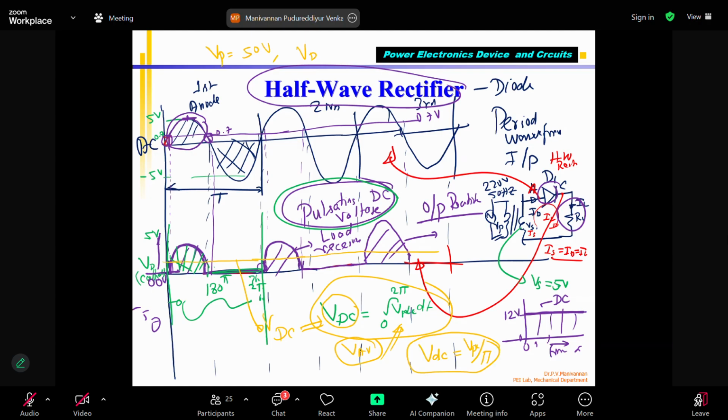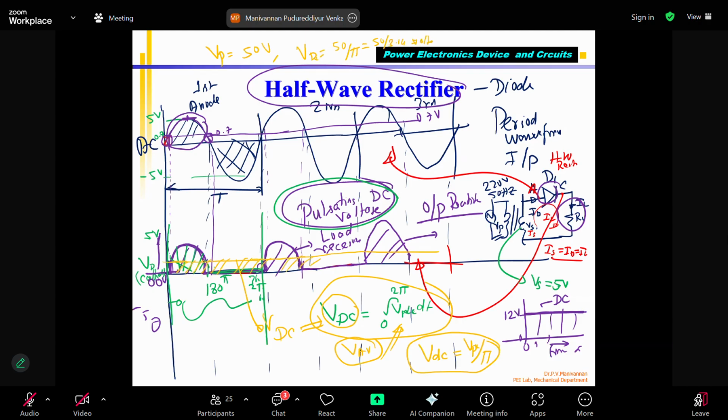DC voltage means the area under the curve when integrated. Correct? This is called VDC. VDC equals V peak 50 divided by pi, which is nothing but 50 divided by 3.14.